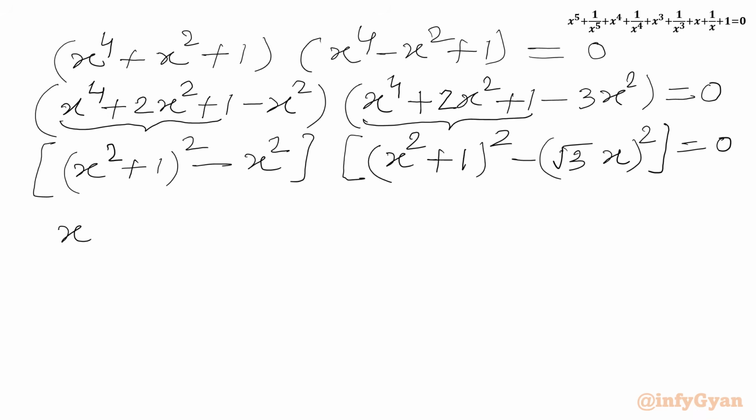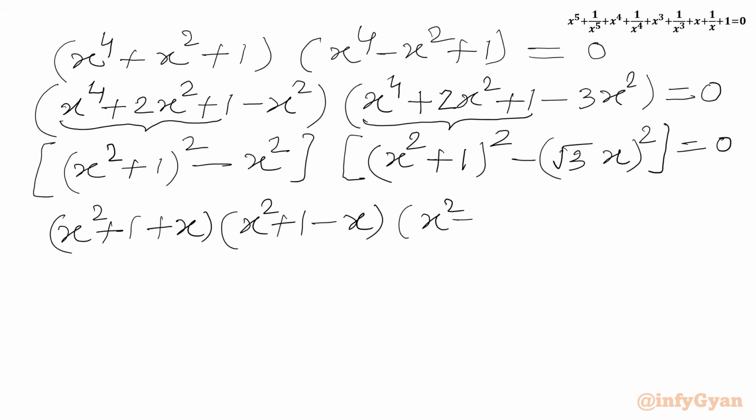We will get x square plus 1 plus x times x square plus 1 minus x times x square plus 1 plus root 3x times x square plus 1 minus root 3x equal to 0. So our factorization is done.